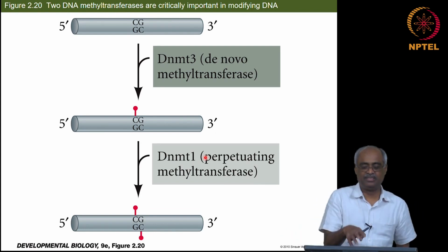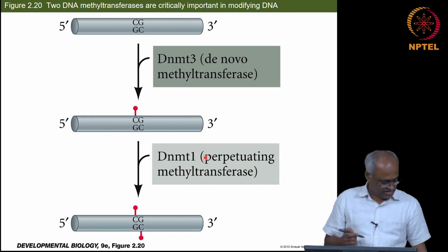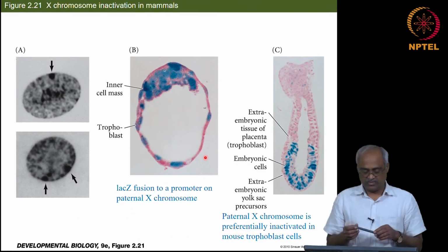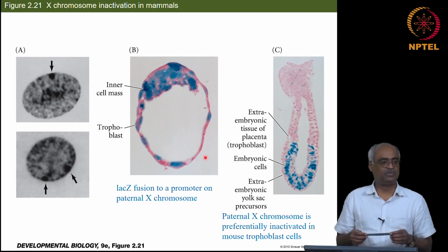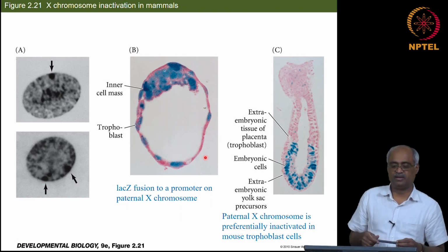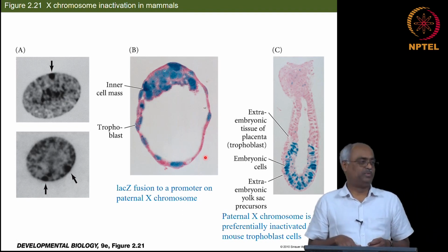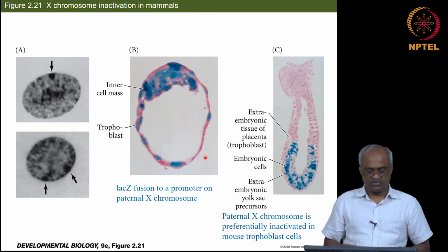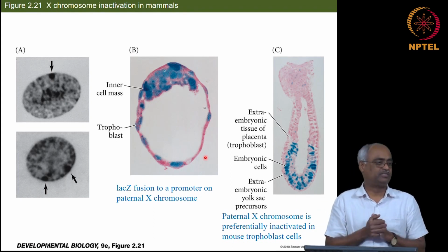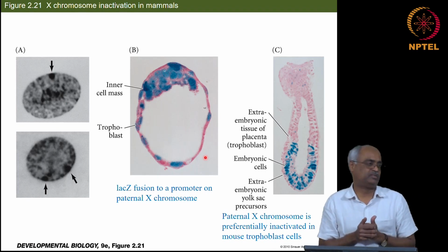Okay. So, that is how this works, and this has a lot of significant consequences for many situations, particularly if we look at dosage compensation. What is dosage compensation? For example, in mammals like humans, females have 2 X chromosomes, males have only 1 X chromosome.